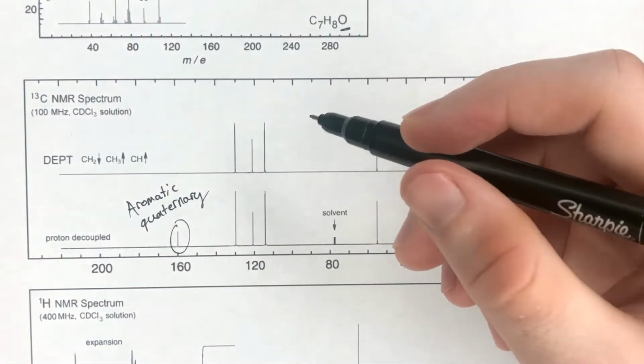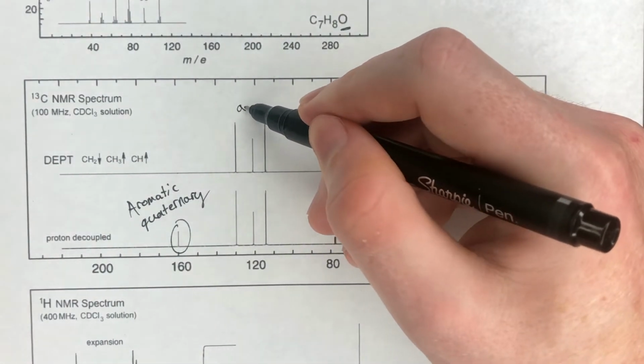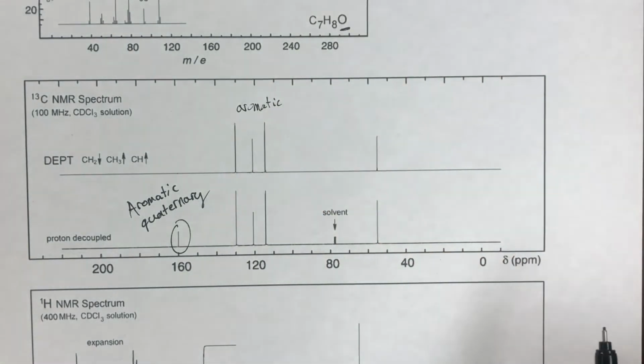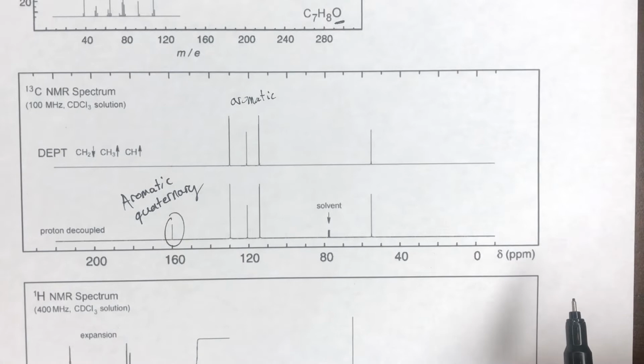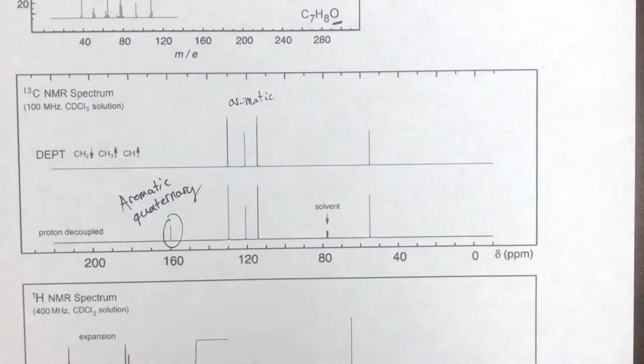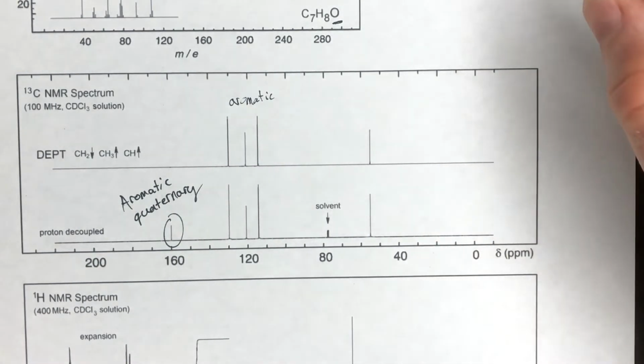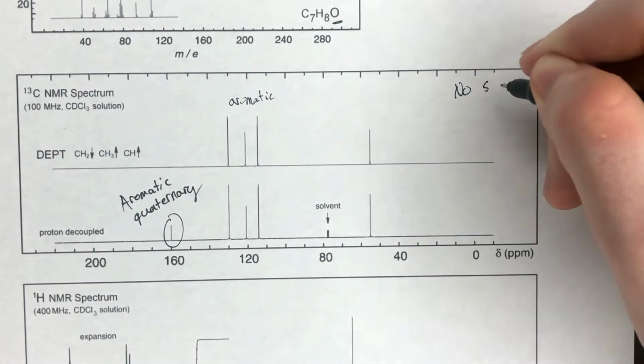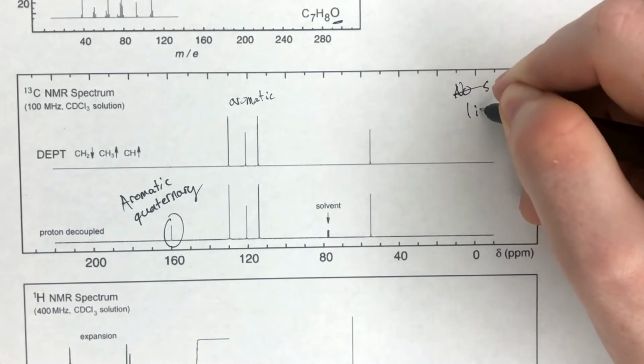And then we see 3 aromatic benzenes that are present here as well, that are probably not bound to the oxygen, but they are nearby in varying levels, which makes them have their slightly different shifts, which ultimately suggests that this is asymmetric. There's no symmetry here. Or let's say there's limited symmetry.